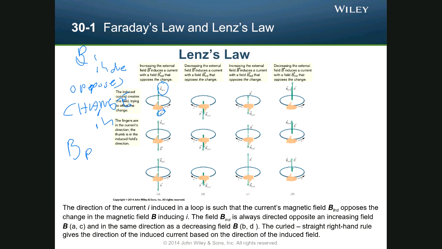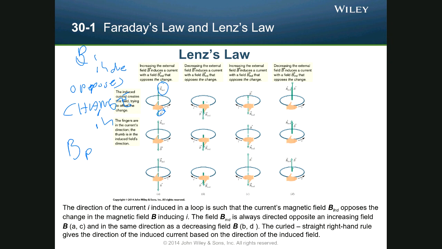I'm trying to think about Anthony's question about the meaning of Lenz's law. Lenz's law you can think of as a criterion for figuring out the properties of the induced magnetic field and current from how the applied field changes. And the real trick is understanding there's two magnetic fields here. There's the applied field. The applied field acts on a ring, like these rings here.